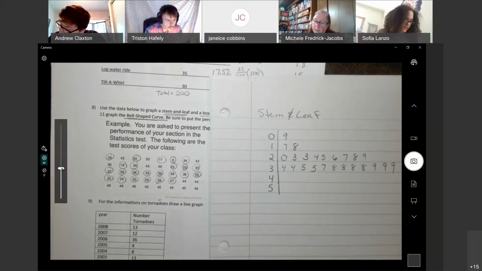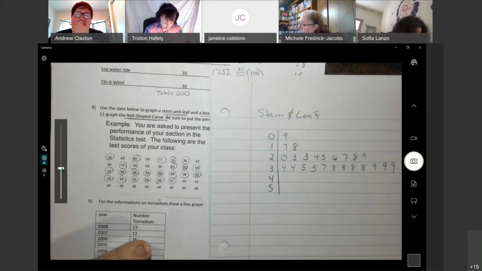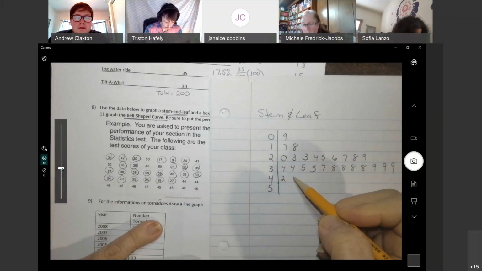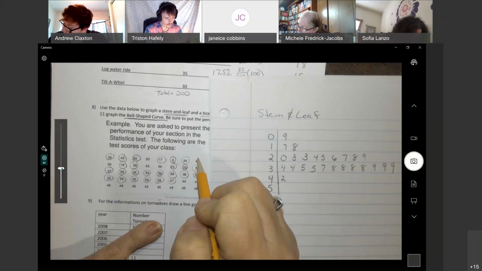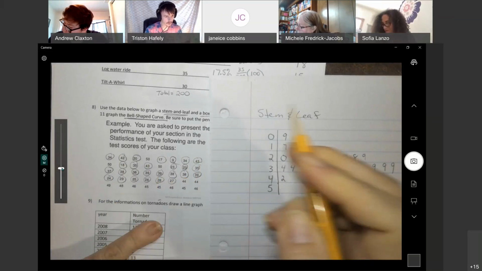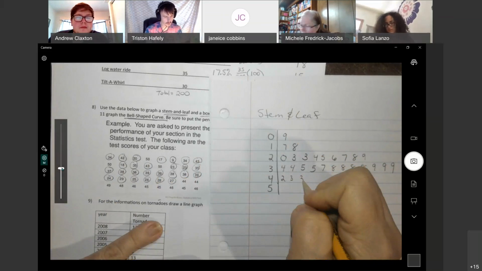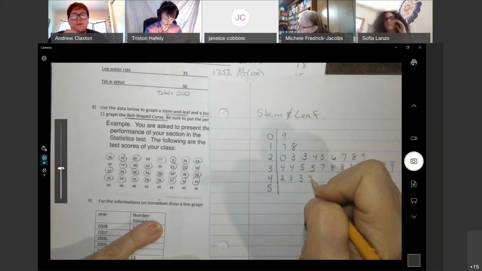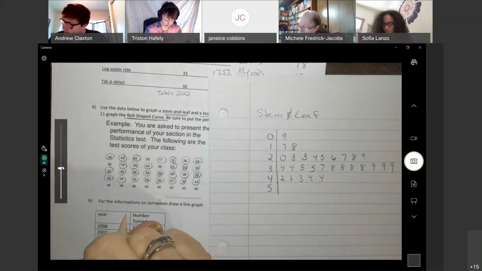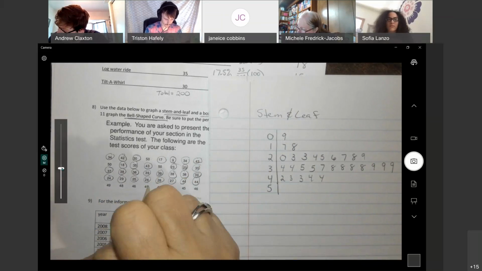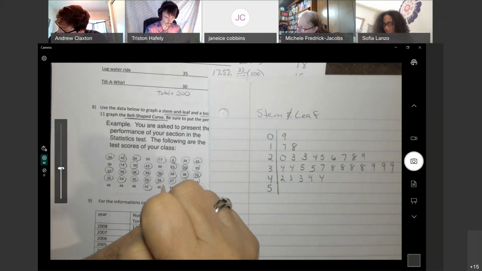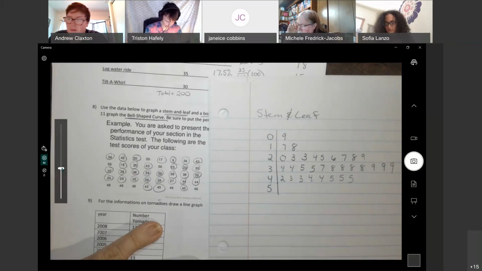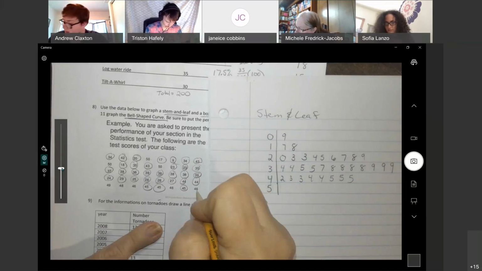And then we go to the 40s. There's a 42. Two 43s. 1, 2. 2 44s. 3 45s. 3 46s.